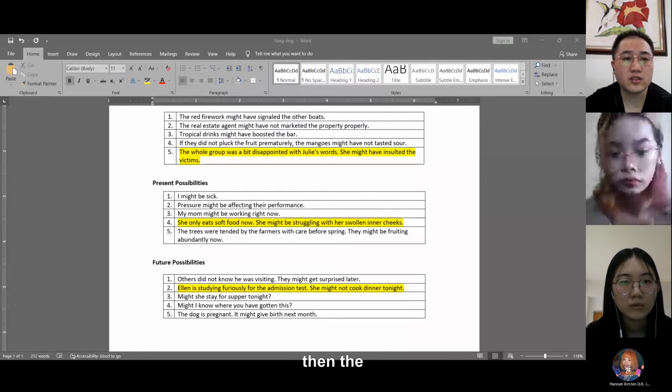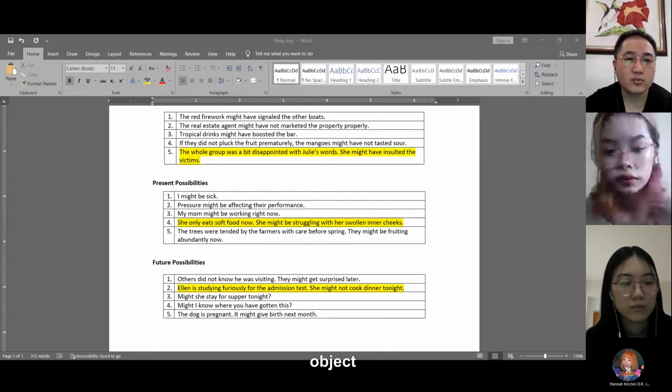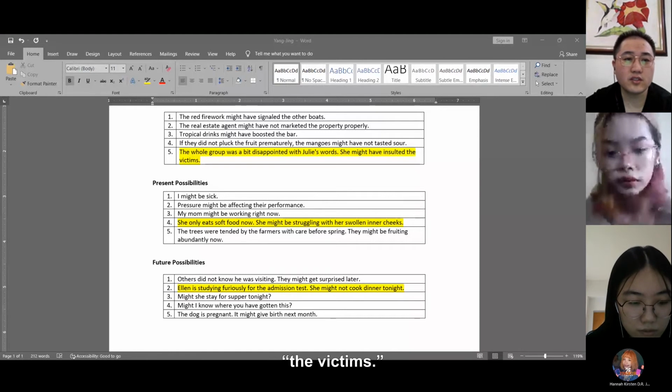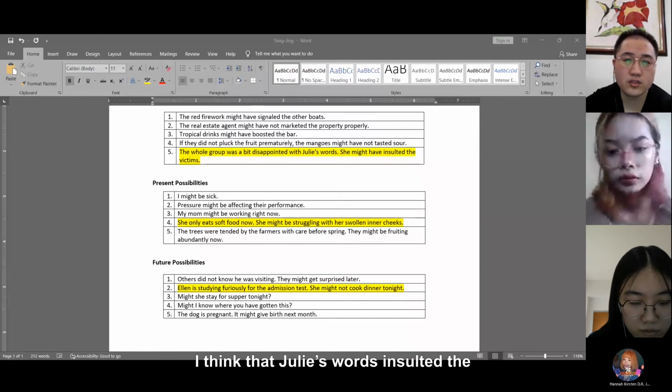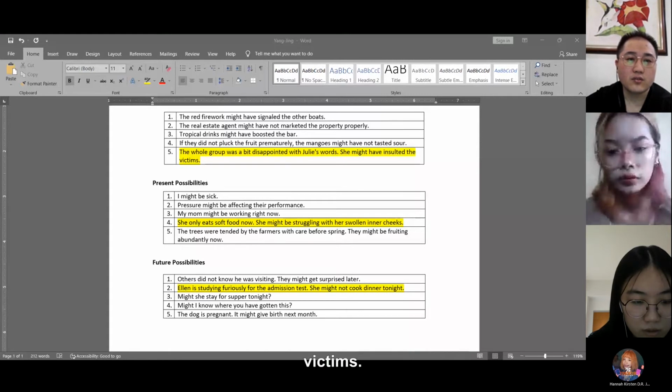Then the direct object, the recipients, is in the two sentences. I think that those words included the recipients.